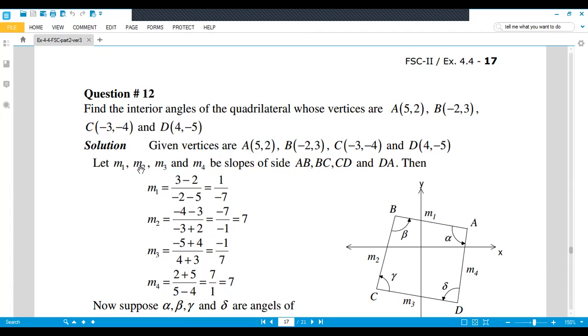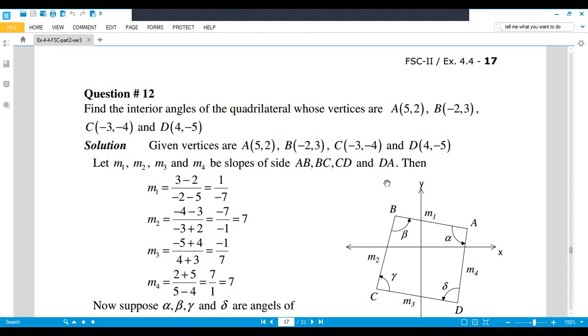Let m1, m2, m3 and m4 be the slopes of sides AB, BC, CD and DA. The easiest way to find the slope when you are given two points is the two-point form: (y2 minus y1) divided by (x2 minus x1). Remember this formula.